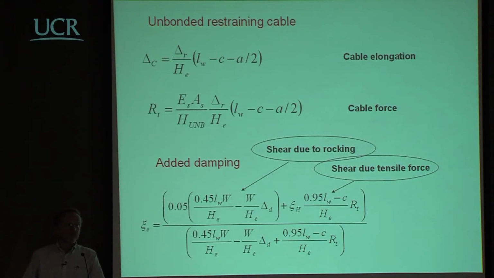But you could do something different. You could use a cable and design the length that you want to have for an unbonded part of the cable, so that you are concentrating the elongation of the cable on the length that you want. Or you could do something else.